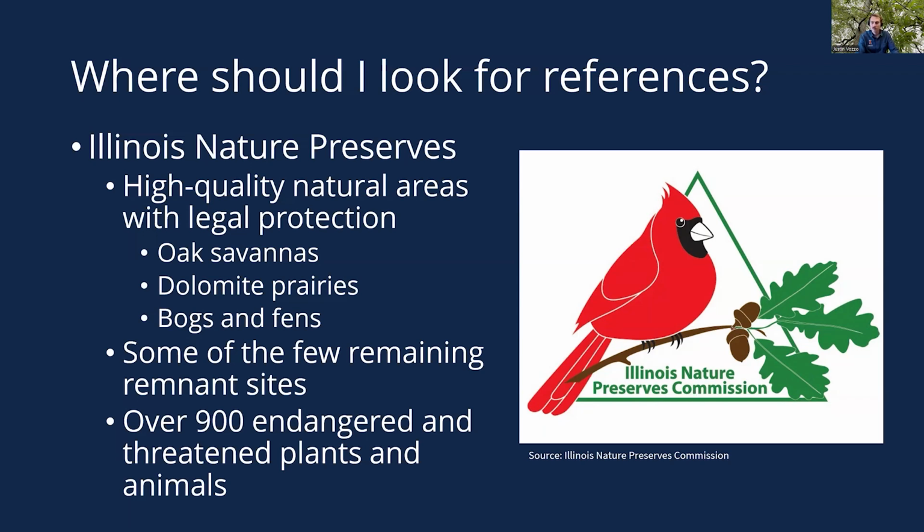It includes some of our highest quality natural areas that are both on public and private lands, so things like oak savannas, dolomite prairies, bogs, and fens. These are all great candidates for the Illinois Nature Preserve, and the Nature Preserve protects a lot of these areas. And so if you can find some of these areas in the landscape, they might serve as good reference ecosystems within your natural division.